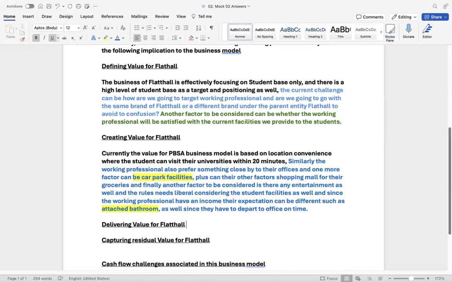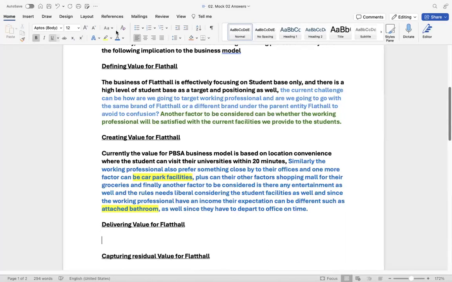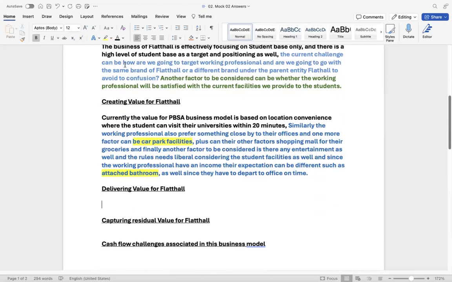Now, the next one is delivering value. In this case, we have to be very different because the university tab should go up with the corporate tab. So I can write down here the university business tie-ups can effectively be transformed to corporate tabs. Transforms to what, students? Corporate tabs.